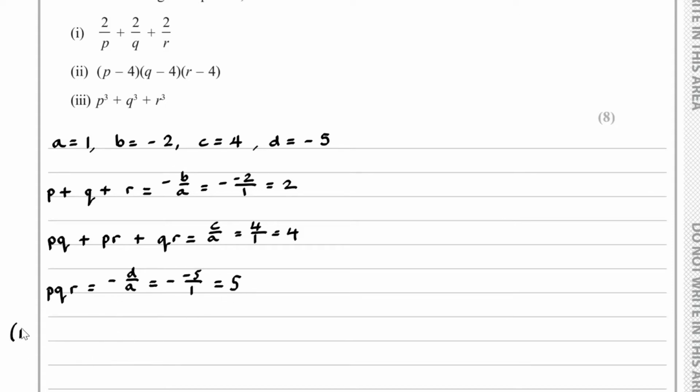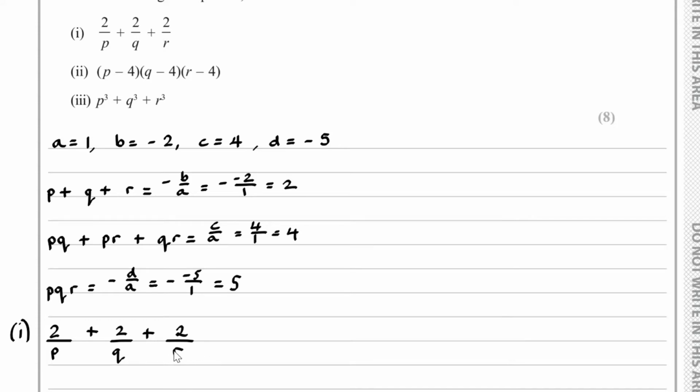For the first part, we have to find out what 2 over p plus 2 over q plus 2 over r is.